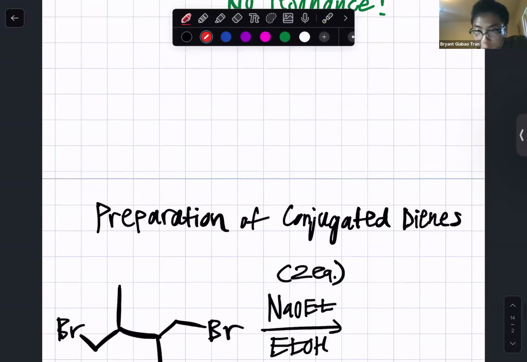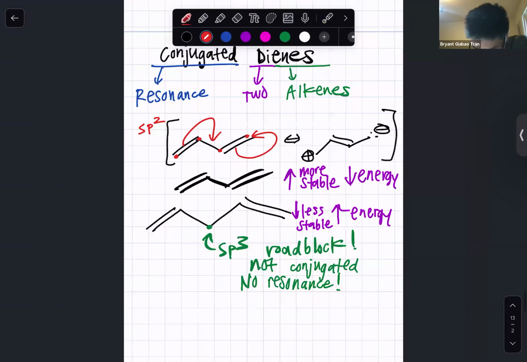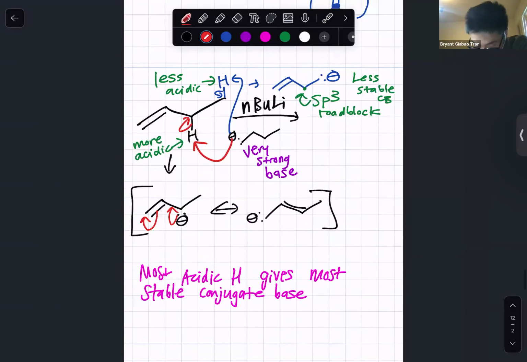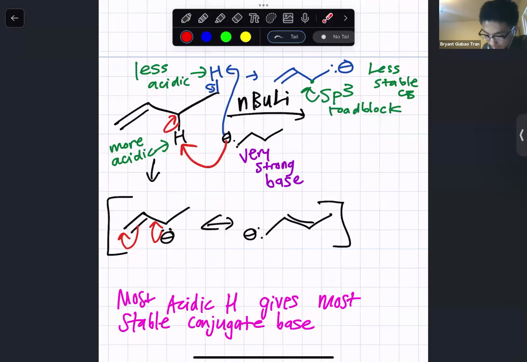Oh yeah, let me scroll up to the n-BuLi product right here, right? What happened in this reaction is that this is the very strong base here, which is going to look for the most acidic hydrogen. And that most acidic hydrogen is going to give us the more stable conjugate base.